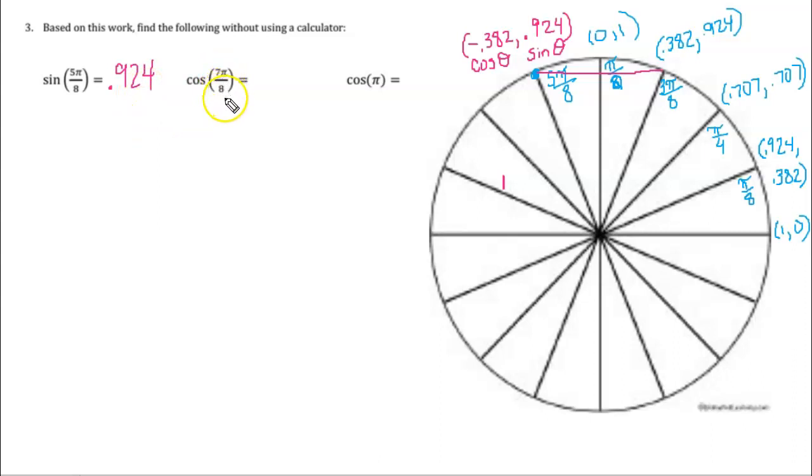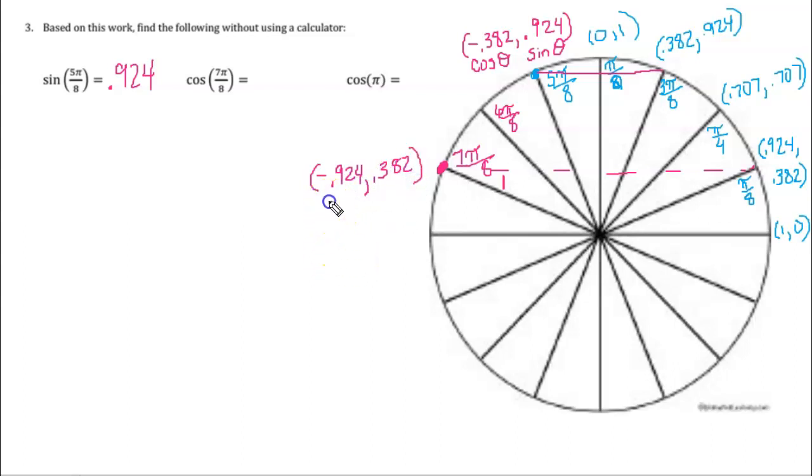The cosine of 7 pi over 8. So this was 5 pi over 8. This would be 6 pi over 8. And this would be 7 pi over 8. So this angle right here is going to have symmetry with this angle over here. So its coordinate is going to have to be negative 0.924, positive 0.382.